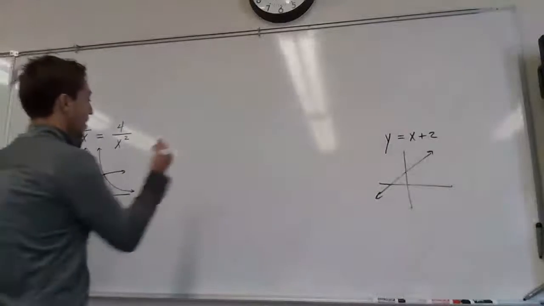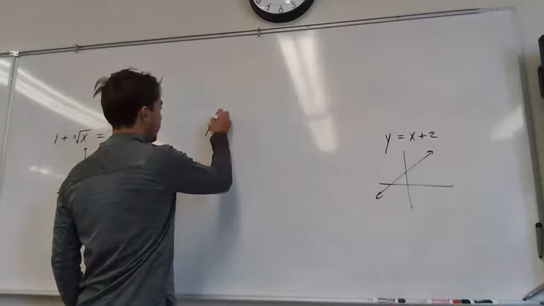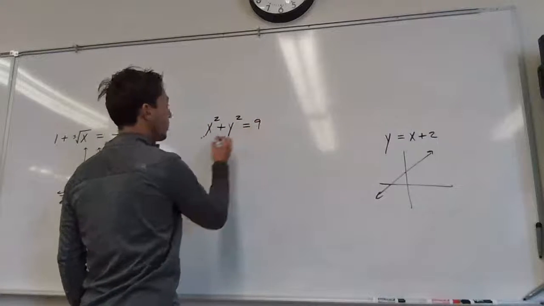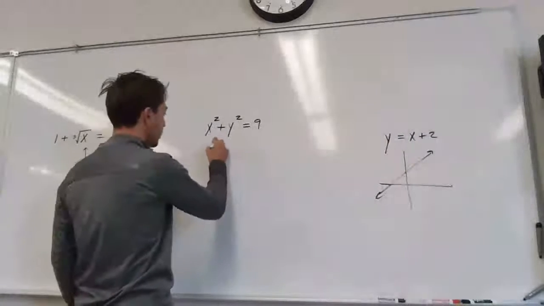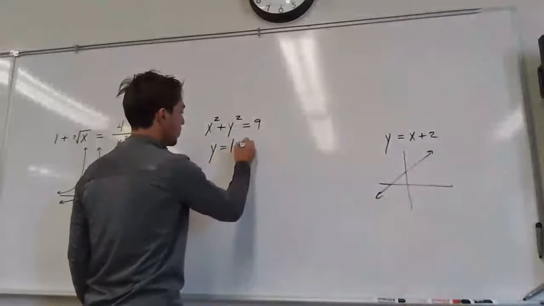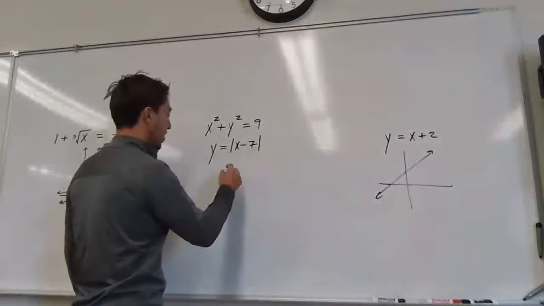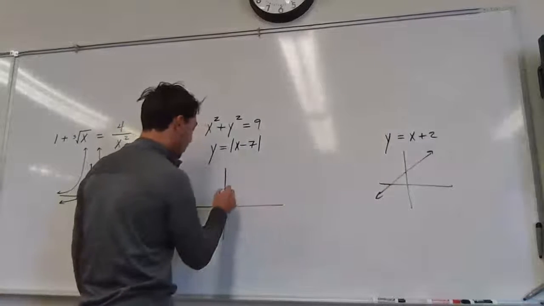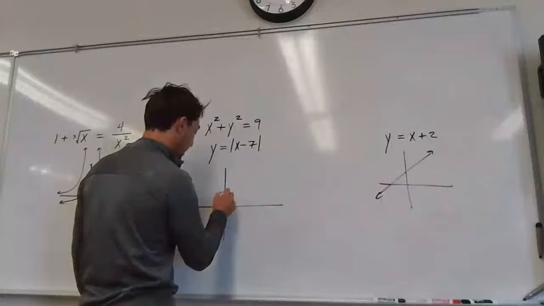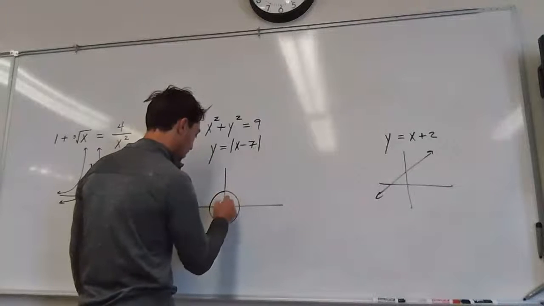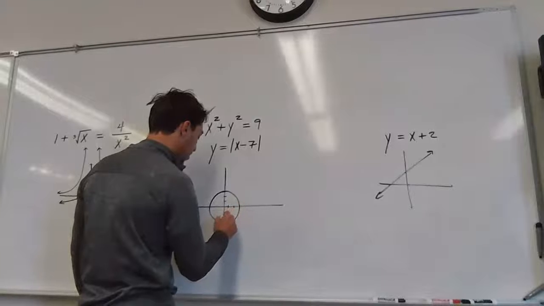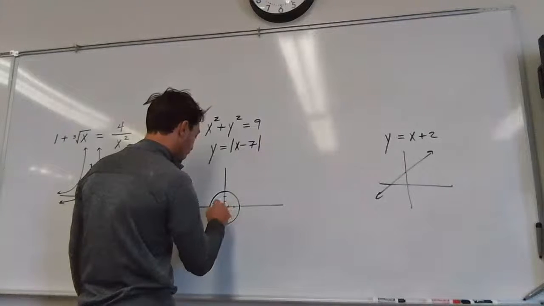Okay, so who got the answer to this? Anyone? How many solutions are there? None. Now why? Let's see. 1, 2, 3. You don't have to draw hash marks if you don't want.